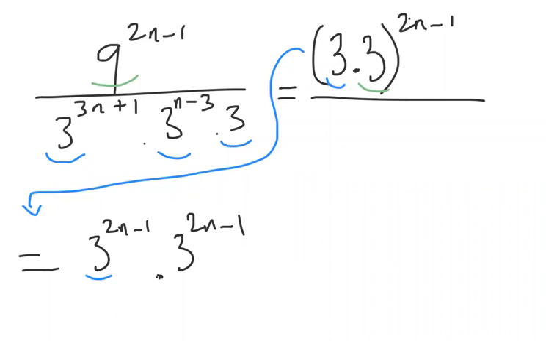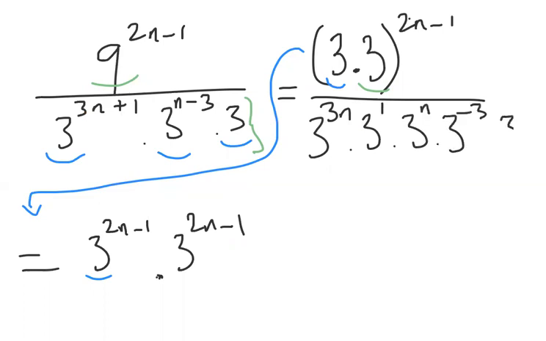Okay, so let's just continue with this part at the bottom. I'm going to take this 3 to the 3n plus 1. I'm going to split it up a bit to 3 to the 3n times 3 to the power 1. And do everything: 3 to the power n times 3 to the power minus 3 times 3.